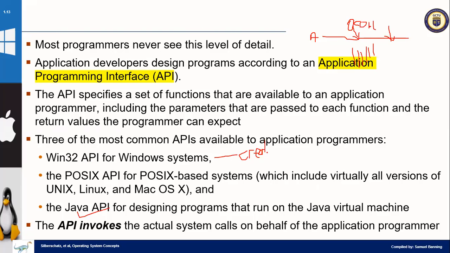When I give create, perhaps with a parameter such as the name of the file I want to create, Win32 will take the command and execute all the necessary system calls in the operating system. So the API invokes the actual system calls on behalf of the application programmer.